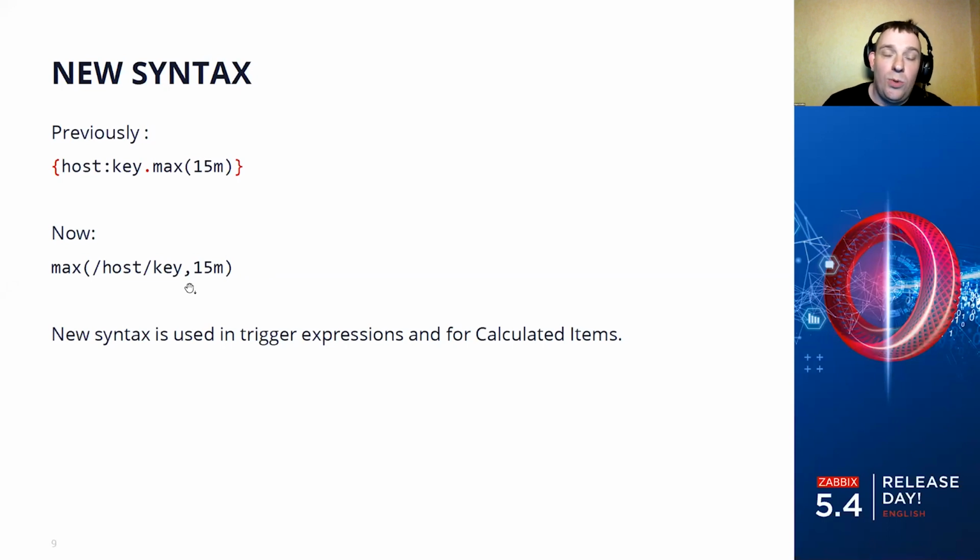This syntax will be the same for triggers and for calculated items. Previously we had the aggregated item, but that section will go away, and if you want to do some aggregation, then inside the interface we have to use the calculated item.